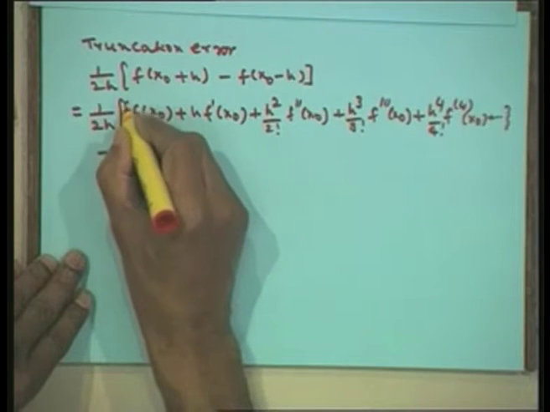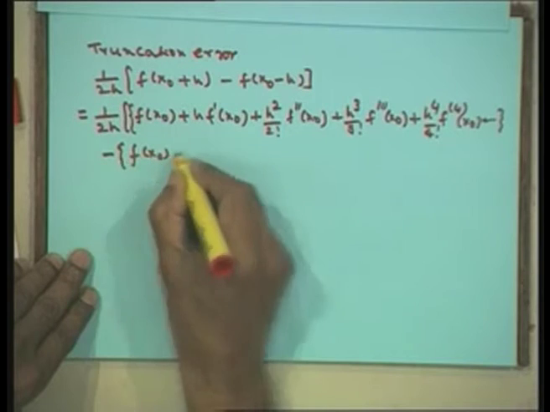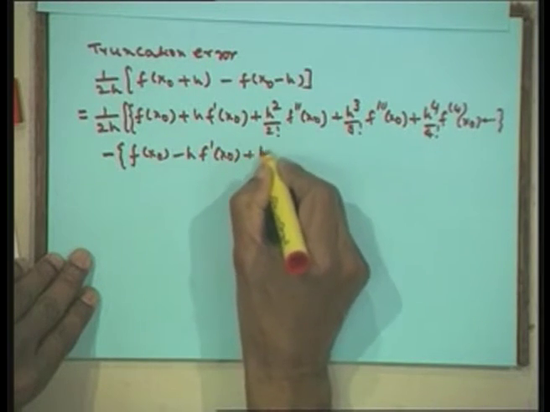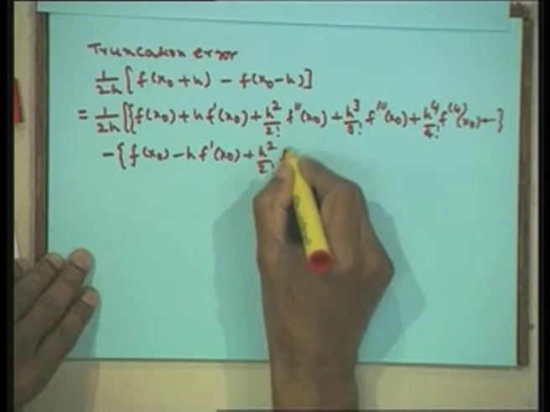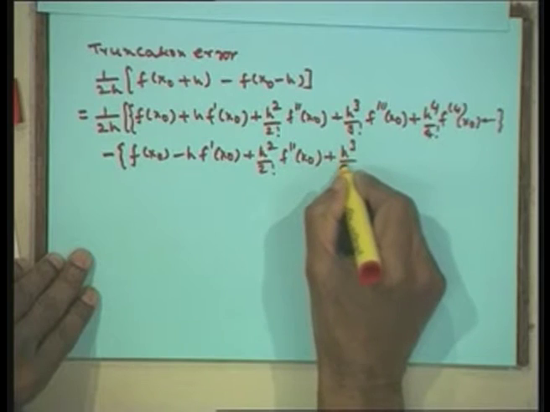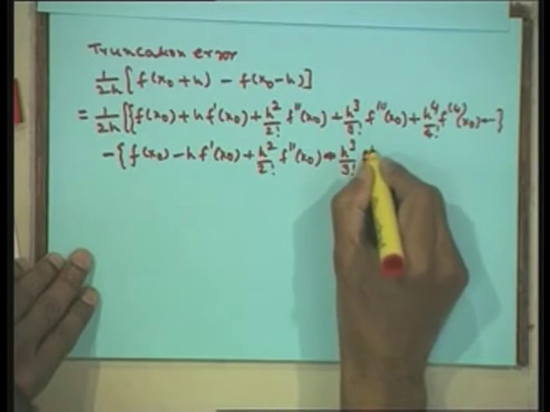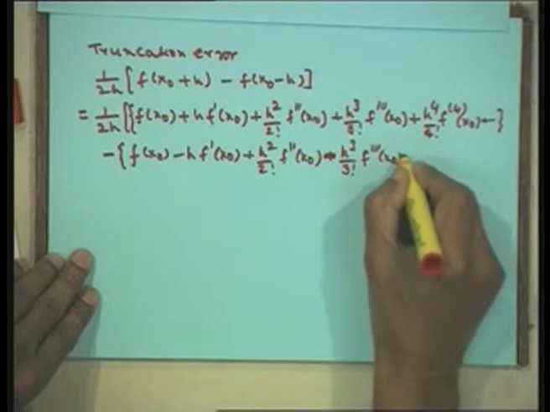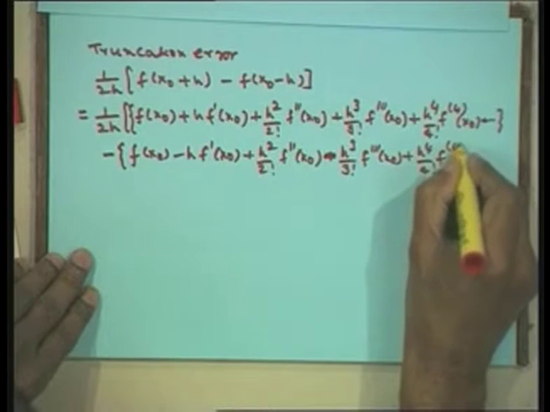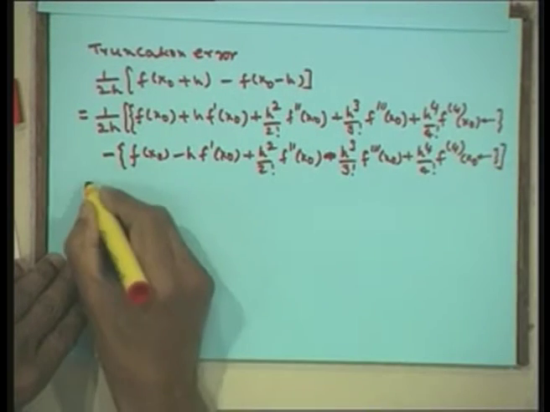minus f(x0) minus h f'(x0) plus h squared by factorial 2 f''(x0) minus h cubed by factorial 3 f'''(x0) plus h to the 4 by factorial 4 f4(x0)] and so on.